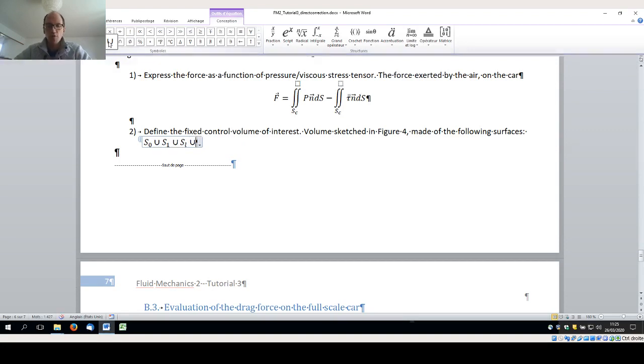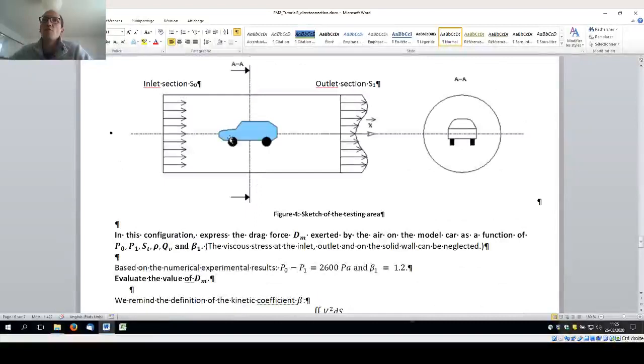And do not forget that the car is in the middle. You need to take into account the car because the car is not part of the fluid, so you have to take these surfaces into account, the surface of the car. Okay.